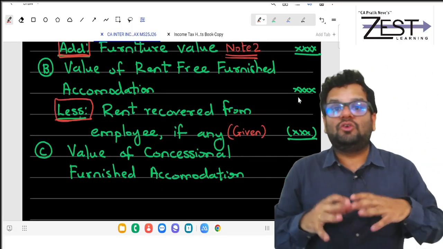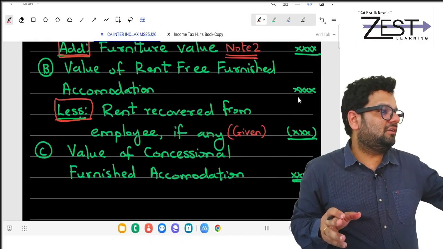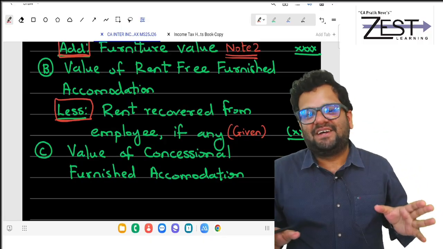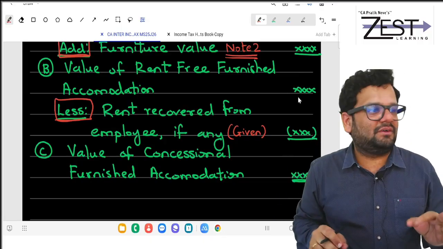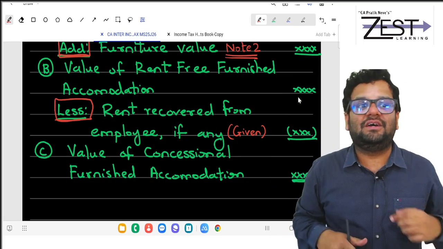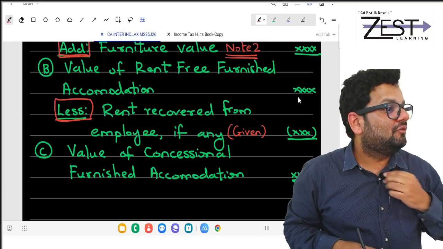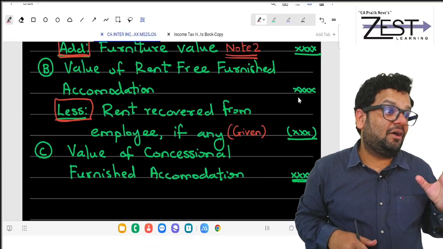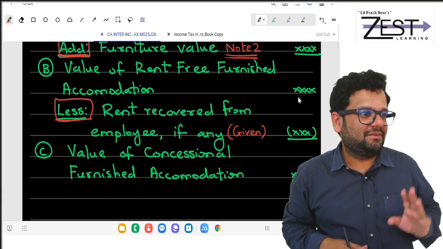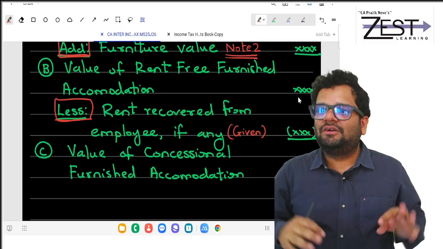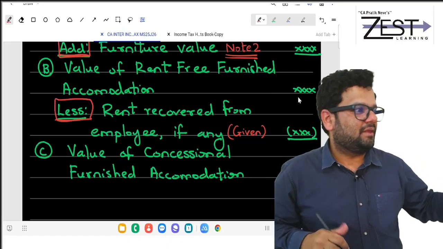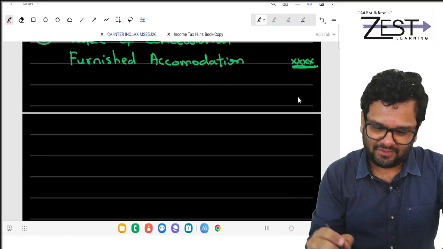In short, your whole valuation is dependent on two things. What two things? How to find value of rent free unfurnished accommodation, and how to find value of furniture. If you can find value of both, then you can find out any of these four things. So note 1. What is your note 1?